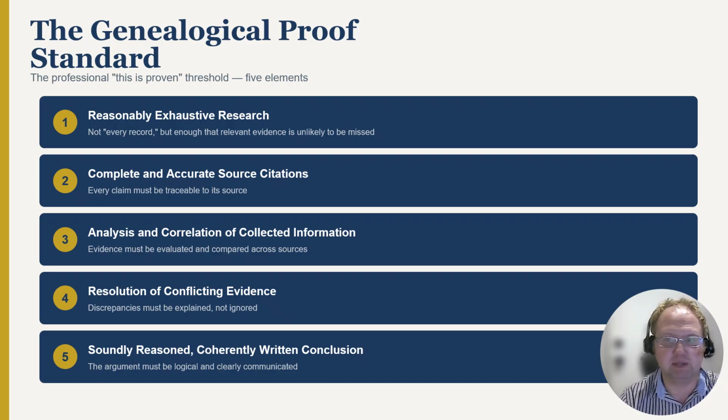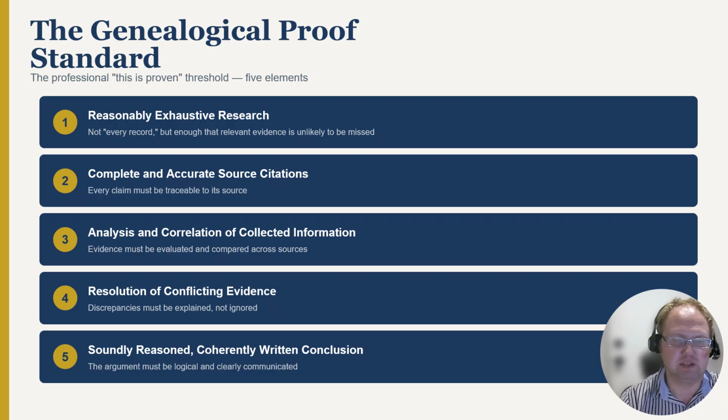We deeply respect this, and this is generally considered gospel. So there's five elements. This comes from their book, Genealogical Standards. It's a very technical read. The GPS has five standard elements.